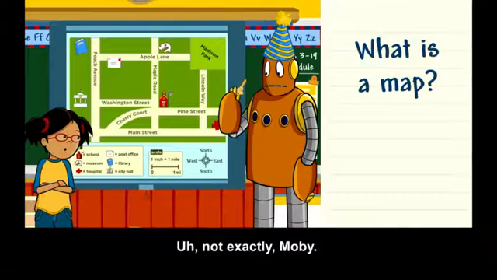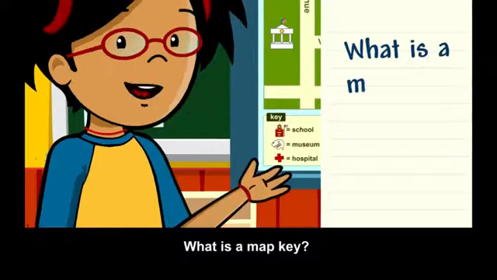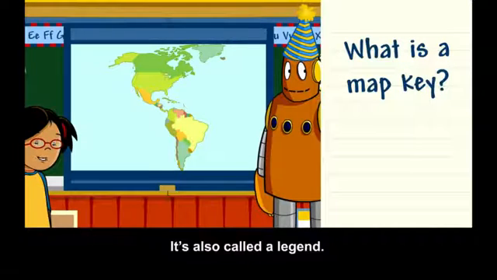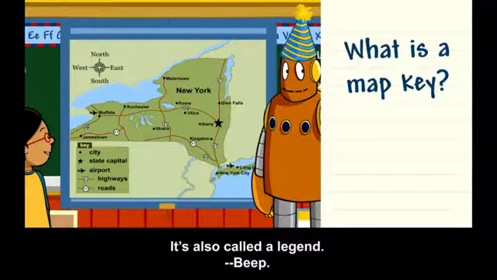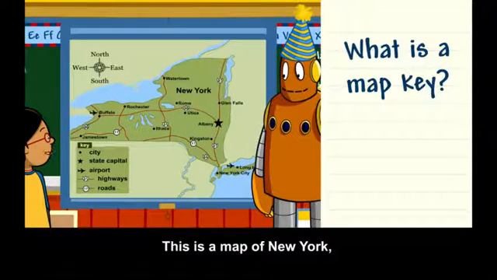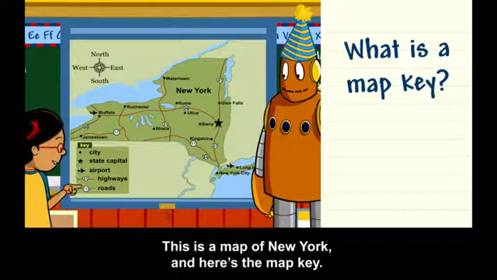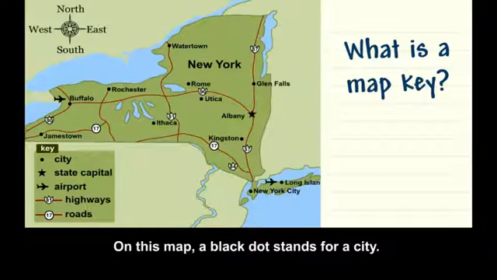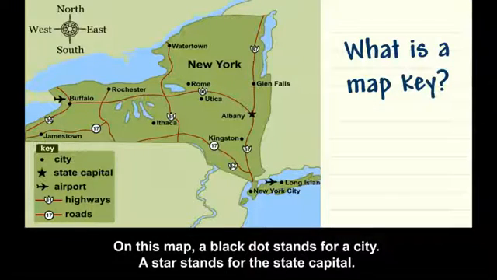Not exactly, Moby. What is a map key? A map key is a chart that explains what symbols mean on a map. It's also called a legend. This is a map of New York. And here's the map key. On this map, a black dot stands for a city. A star stands for the state capital.